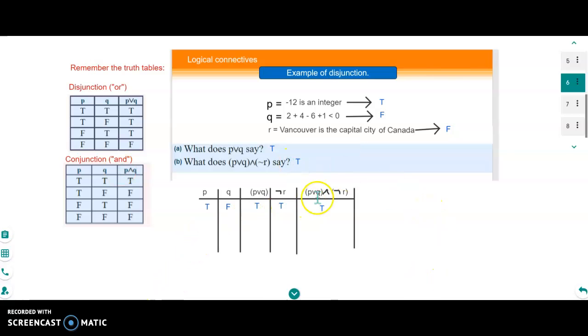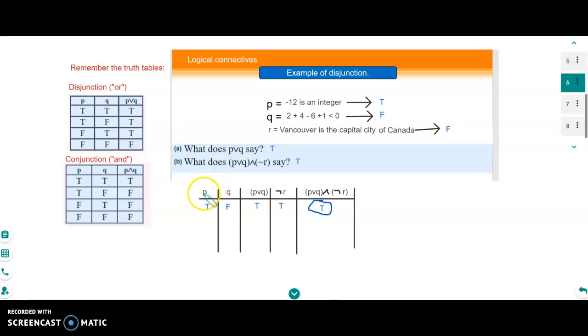So now we already have the truth table, the final answer we were looking for. Remember, the first step is to find the truth values of the original propositions, and then we start building a table with every piece of the proposition.